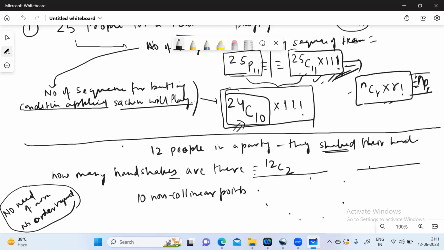We mean that no 3 points are in a straight line, because for 2 points there will always be a straight line. So for 10 non-collinear points, you should not write it like this. You should write it like no 3 points are collinear.